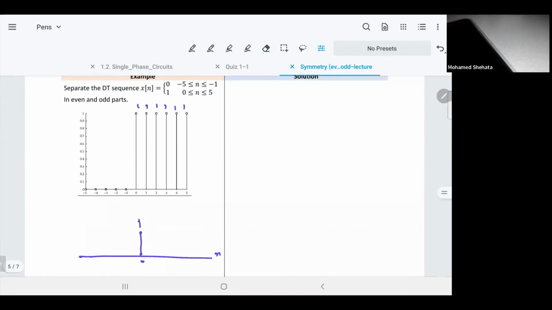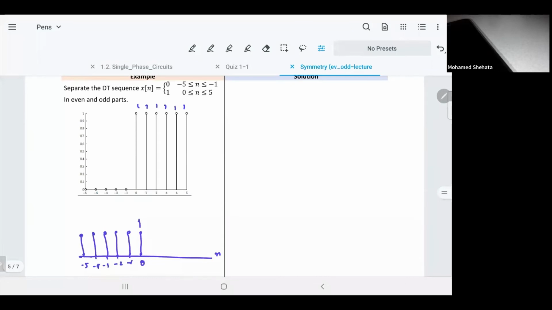I don't have space. And at 1, it becomes -1. See, the value at 1 was 1, so at -1 it will be 1. From 1 up to 5, just to keep it short, -3, -4, -5, all will be equal to 1. I'm making the reflection for the positive side.